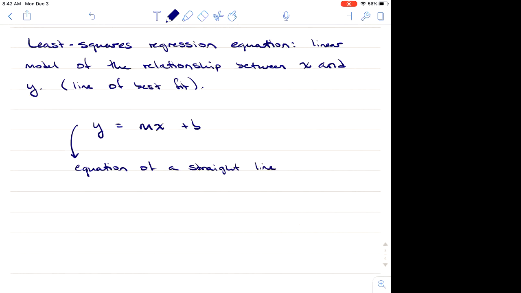Anything that you can rearrange into this form, y equals something attached to the x and then something on its own, that's a straight line. Where m is the slope and b is the intercept.